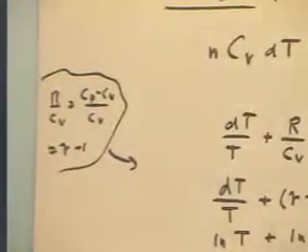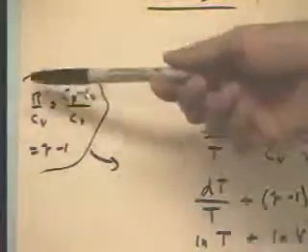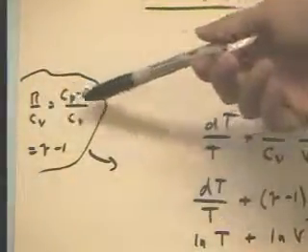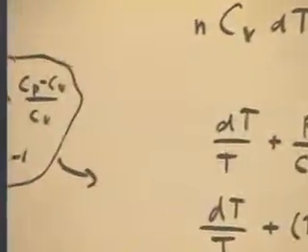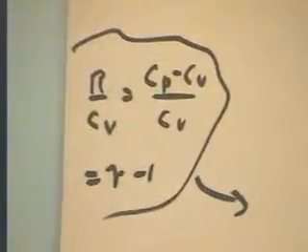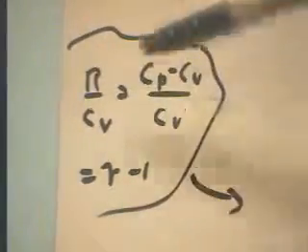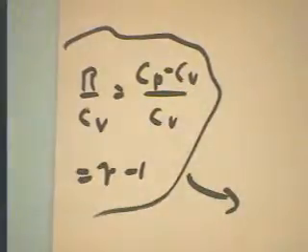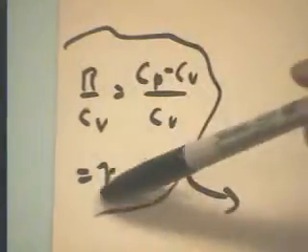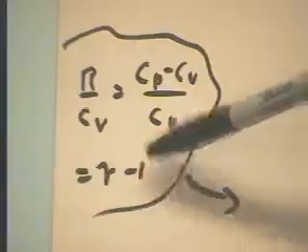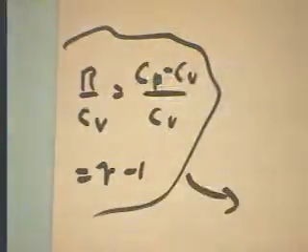If we look over here for just a second, we see that R over Cv is Cp minus Cv over Cv. Let's go ahead and zoom in on that. Because what's the difference between Cv and Cp? It's just R. So R is Cp minus Cv, over Cv. Cp over Cv is gamma. Cv over Cv is 1. So R over Cv is gamma minus 1.